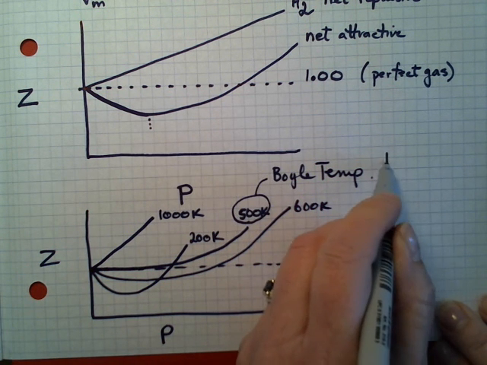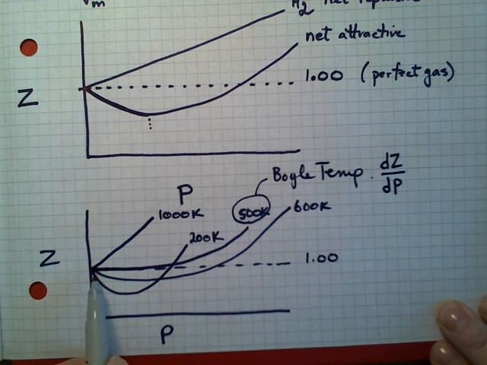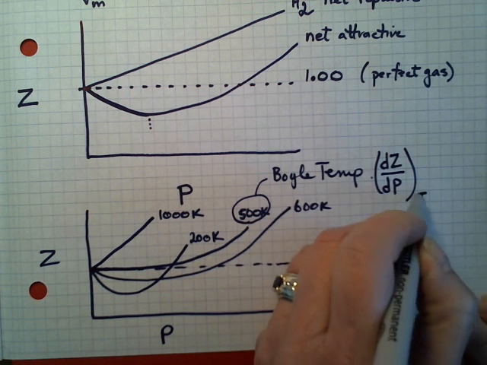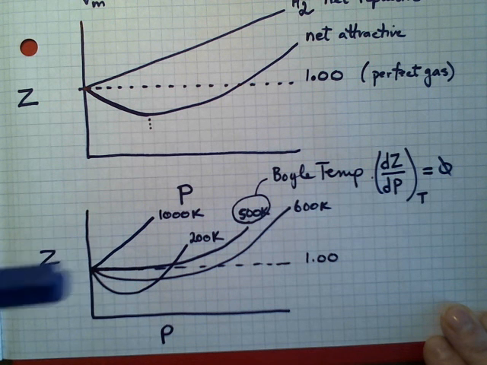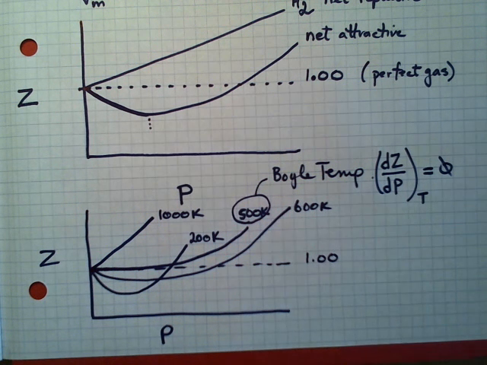Well, at the Boyle temperature, dZ/dP, so there's my rise over run, is equal to 0. My slope. I don't have a slope. It's a flat line, not a straight line. Okay, it is straight, but it's also flat. So it is a flat line, or dZ/dP is equal to 0. Okay, let's stop there.